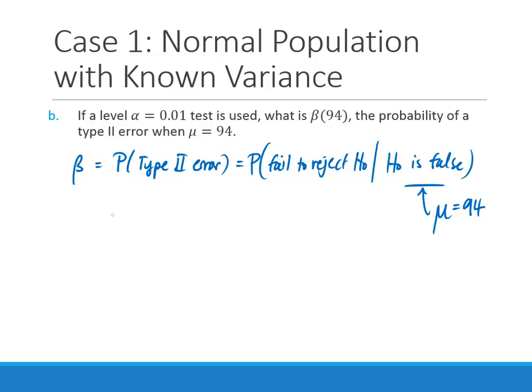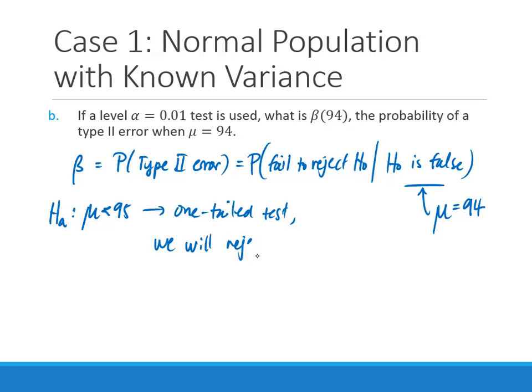So again, since the alternative hypothesis said that mu was less than 95, that means we have a one-tailed test. In which case we will reject if our test statistic is less than or equal to z sub alpha.